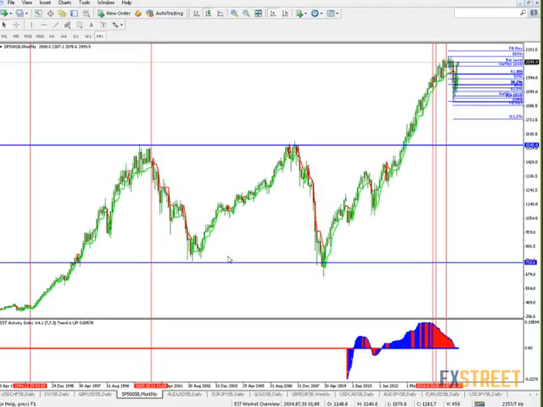Now, technically, we often find that price will turn at about the level of a previous high or a previous low. It's one of those givens. It happens time and time again, and it's probably one of the most basic things that we as technical traders, if I can put us all into that camp, because I think probably the majority of us are predominantly technical traders, need to be aware of at all times.